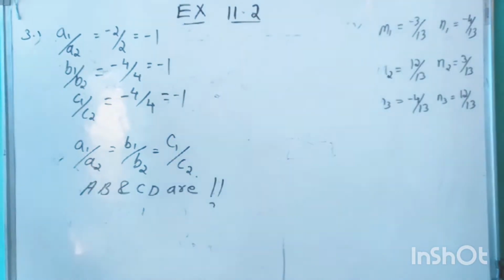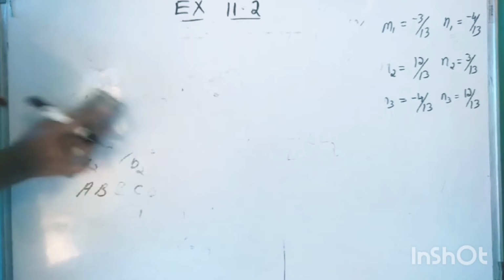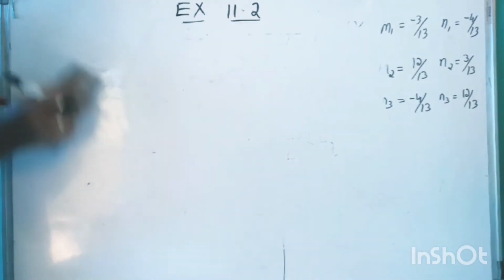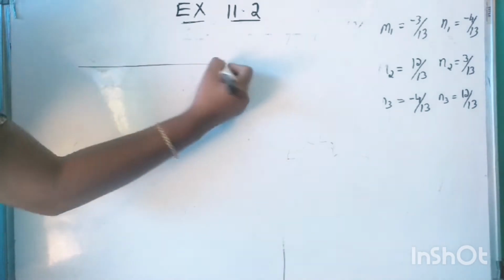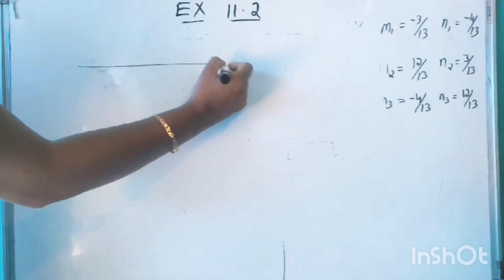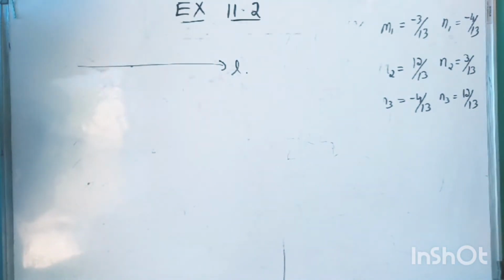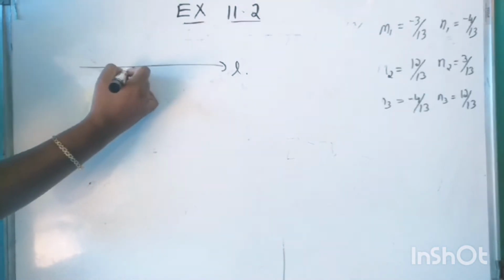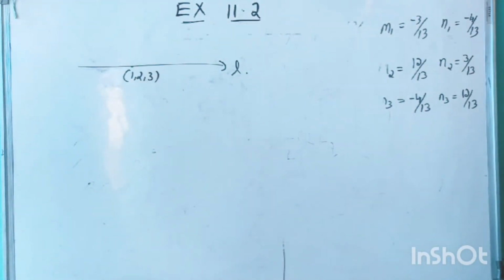The equation of the line we need to find, this is our line, and it passes through the point that is given. What is our point? 1, 2, 3.